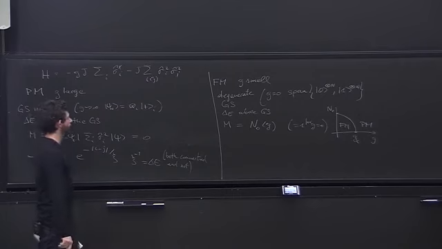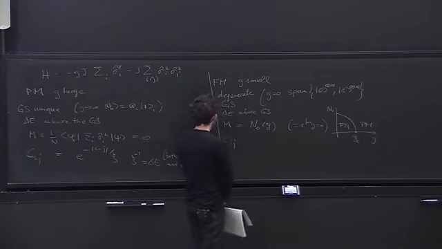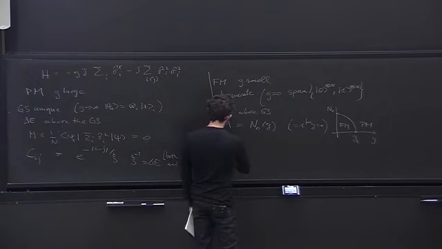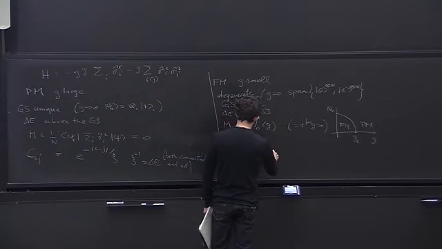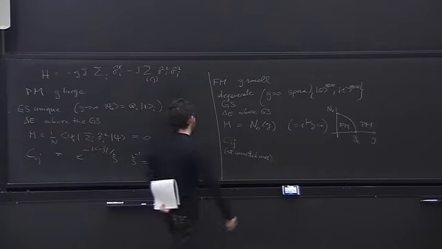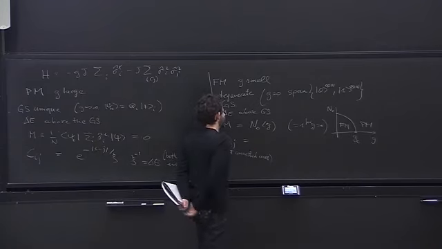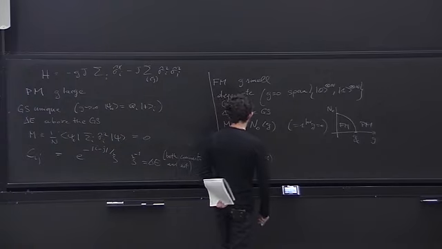And then we looked at the correlation functions again. And now these ones are the not connected ones. And we saw that they are different from 0.